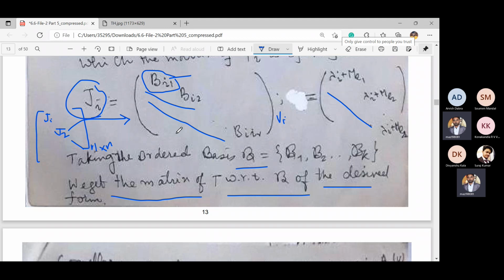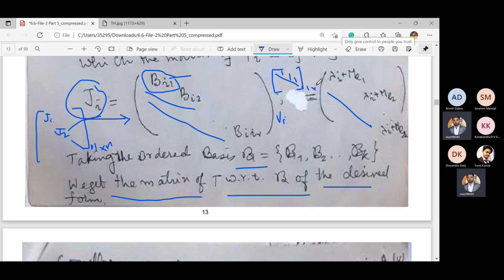First we form a Jordan block for a given eigenvalue. A Jordan block has basic Jordan blocks, and they are of this form: lambda on the diagonal, and just above it there are 1s.